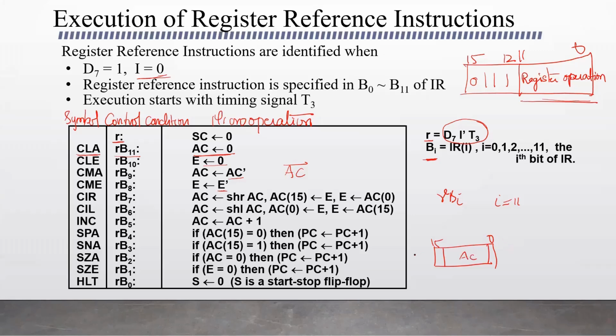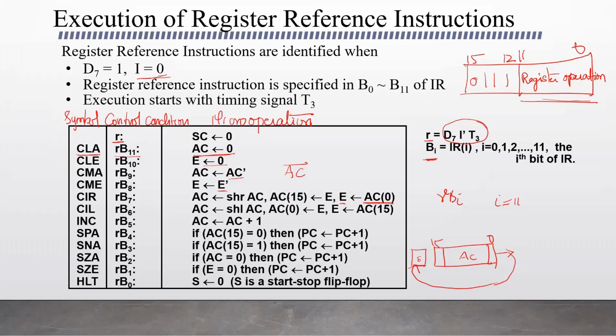And this is E. When you shift right, this bit moves out. As it is a circular shift, this bit A0 should be moved to E. So one operation is AC of 0 is stored in E.